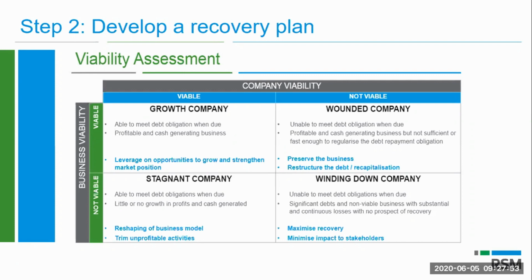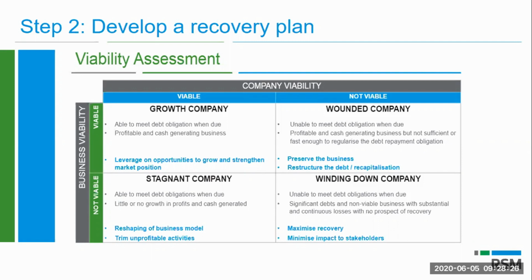You can have a growth company, or a stagnant company, or maybe a not viable one, where your company is wounded and you're unable to meet certain debt obligations when they're due. Your business may generate profit and cash, but not enough to regularize the debt repayment obligations you have, especially if you're highly leveraged.